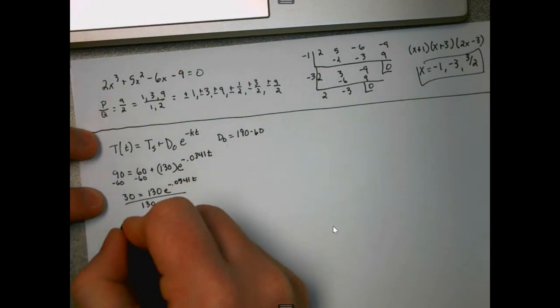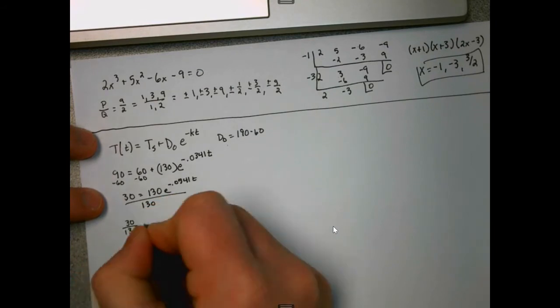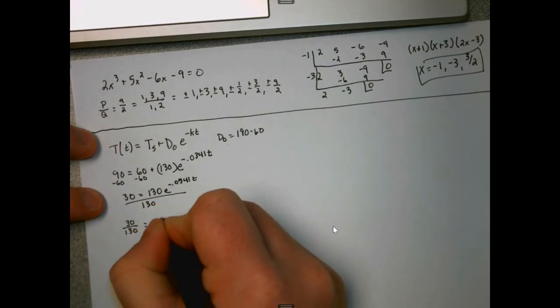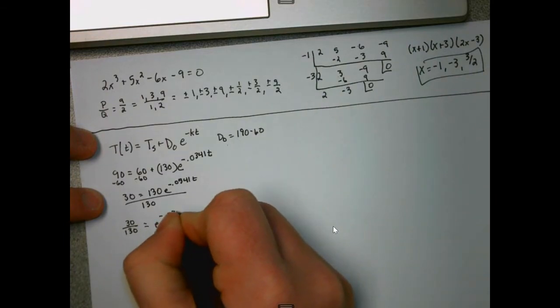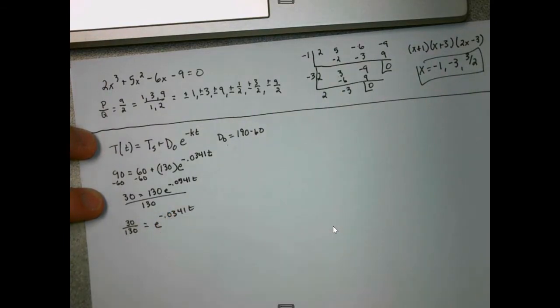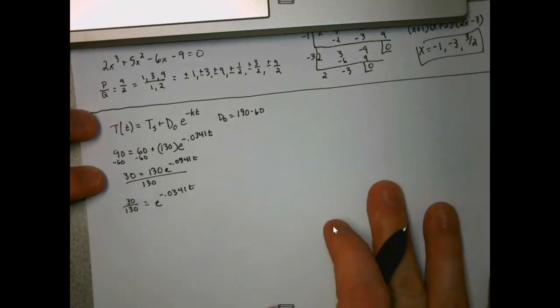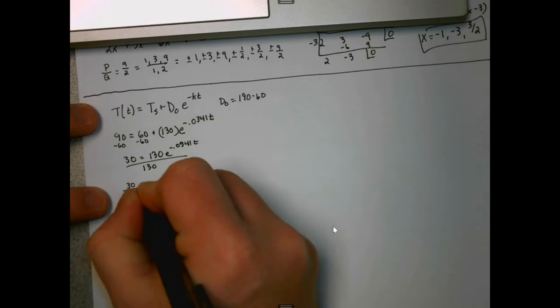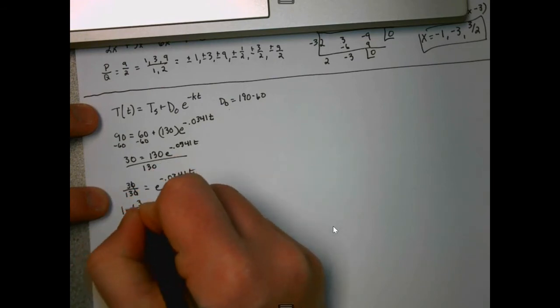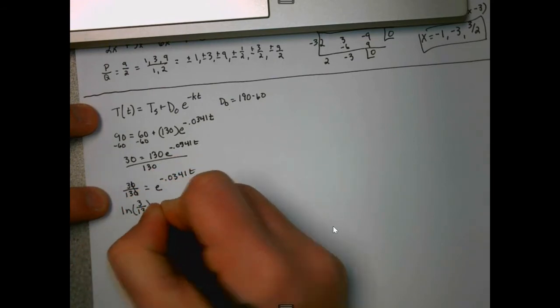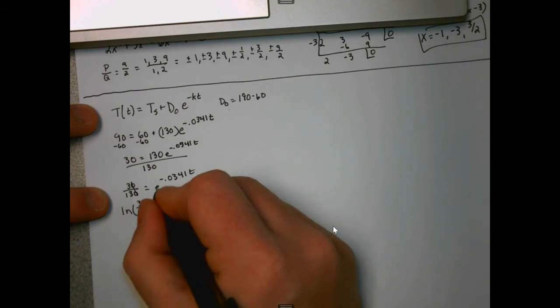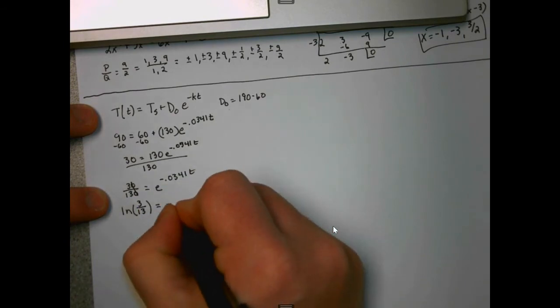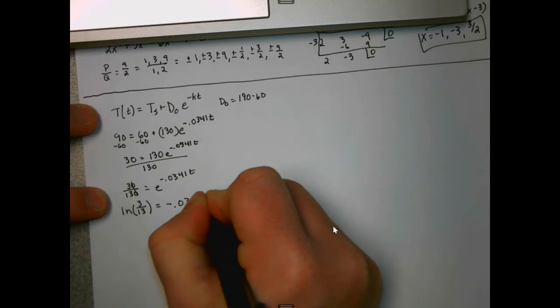So you get 30 over 130, which you can reduce, equals e to the negative 0.0341 t. We're going to take the ln of both sides to get rid of that e. So I have ln, and if I reduce those zeros, I get 3 over 13 equals, the e and the ln cancel, and I'm just left with this, minus 0.0341 t.